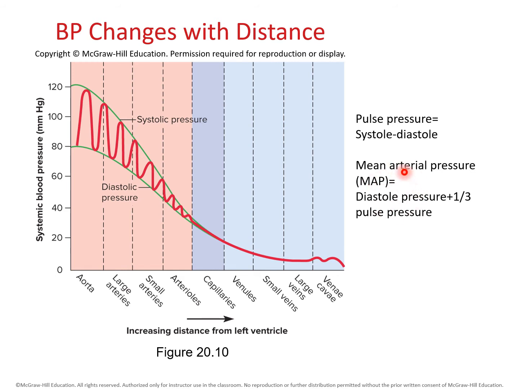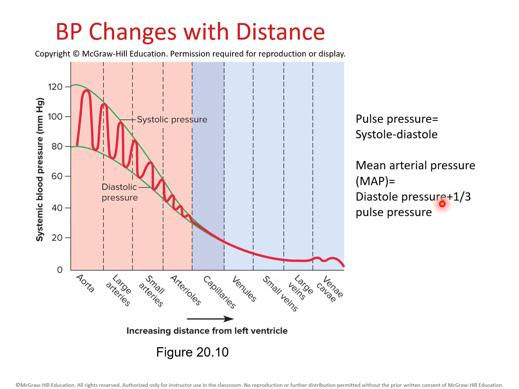We'll get to mean arterial pressure in a second, but let's see diastolic pressure first. Now, diastolic pressure is more relevant because the heart spends more time in diastole than systole.